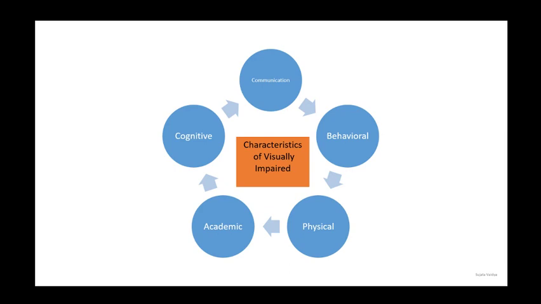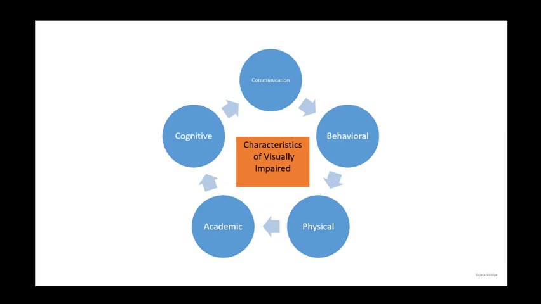Then physical characteristics. Physically, normal students and visually impaired students may be similar; in size and appearance they are the same. Low vision and blindness may impact movement and the quality of motor skills.